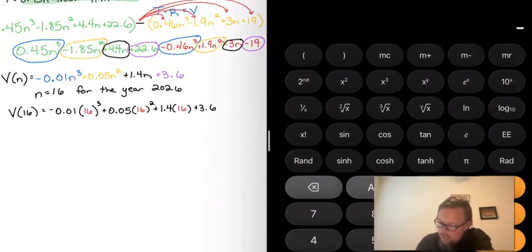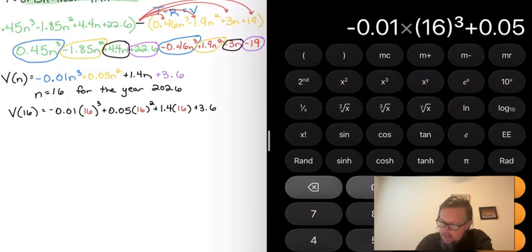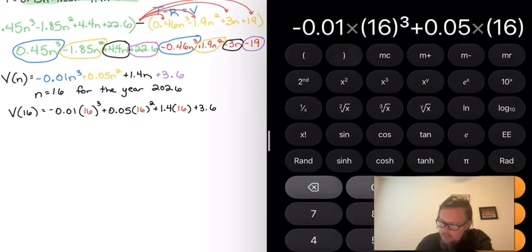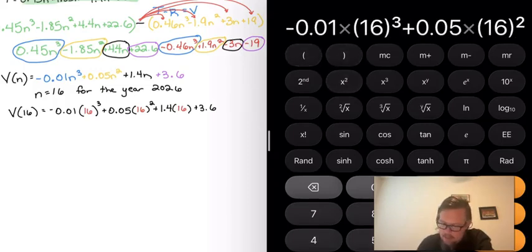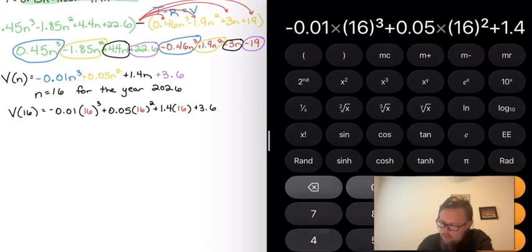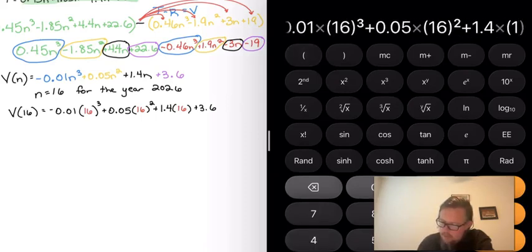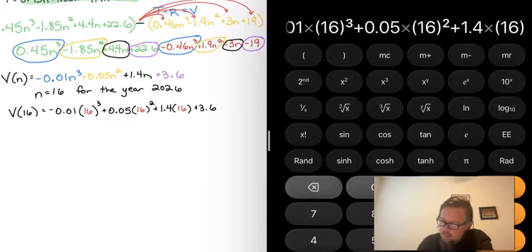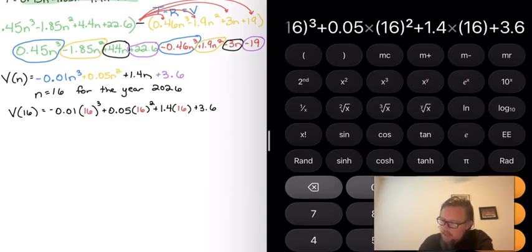Whew, here we go. Negative 0.01 times 16 cubed plus 0.05 times 16 squared plus 1.4 times 16 plus 3.6.